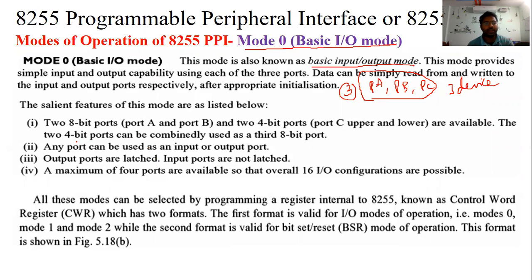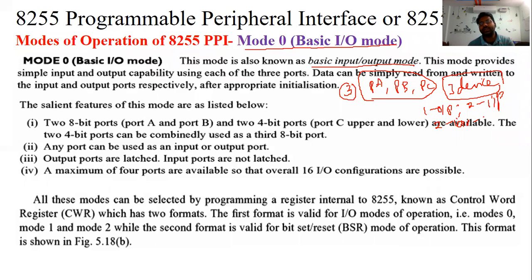These 3 different devices may work as input mode as well as output mode. So out of these 3 devices, maybe one device is an output device and the other 2 are input devices, or 2 devices are output devices and 1 device is an input device, or 3 devices are input devices, or 3 devices are output devices, whatever it is.